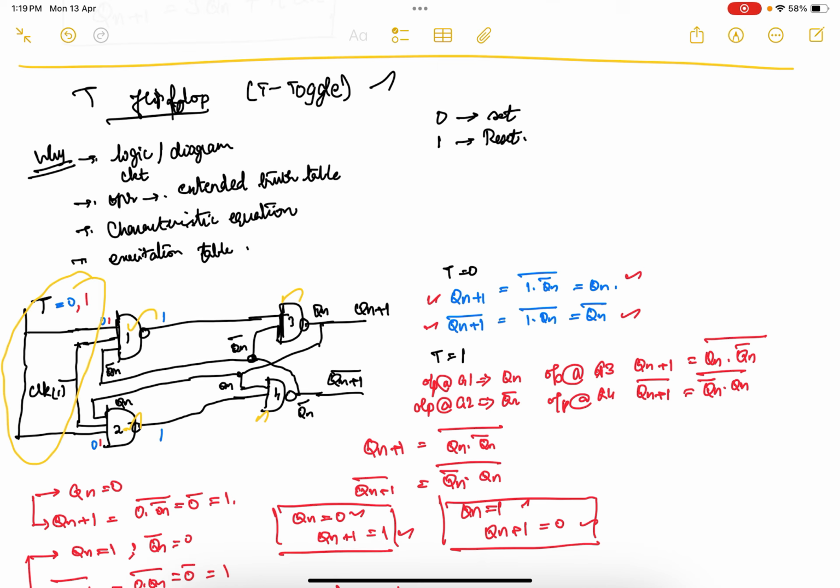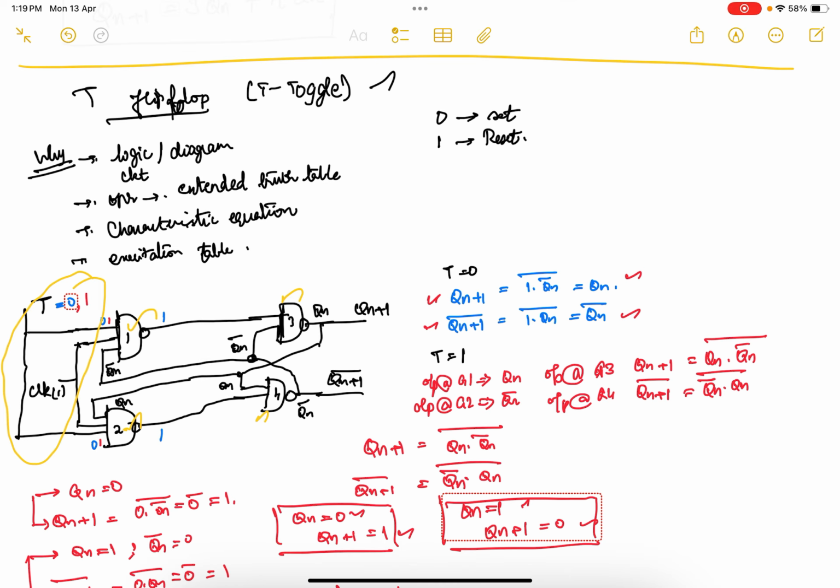So when t equal to 0, already I told you that if one of the inputs is 0, definitely the output for an AND gate will always be 0 if any one of the inputs is 0. So since it is the complement, we are getting the output in the corresponding fashion.